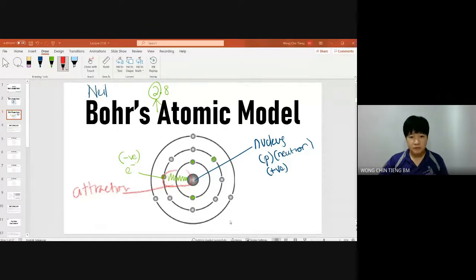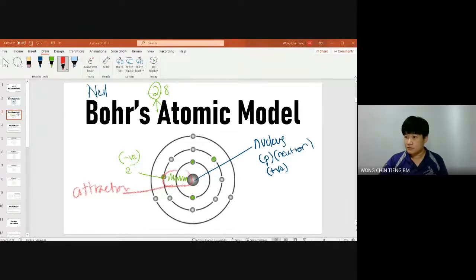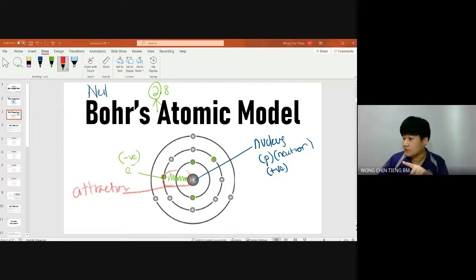Dah keluar. Nampak dah, Miss. It's just being very slow. Sebab kat screen saya memang dia dah tunjuk I'm sharing screen. So sekarang nampak dah? Nampak. Okay, kalau tak nampak apa-apa, bagi tahulah. Please let me know. Semua nampak? Happy?